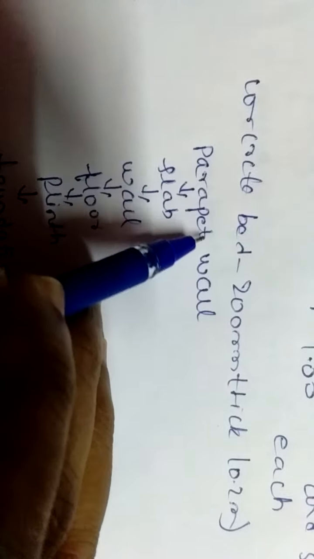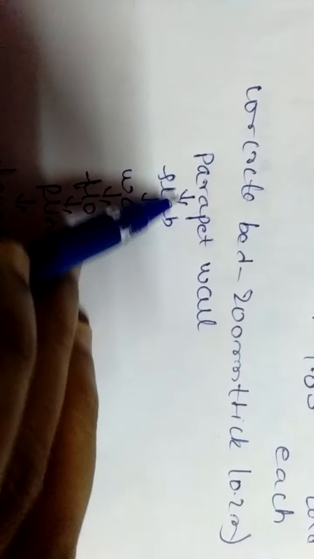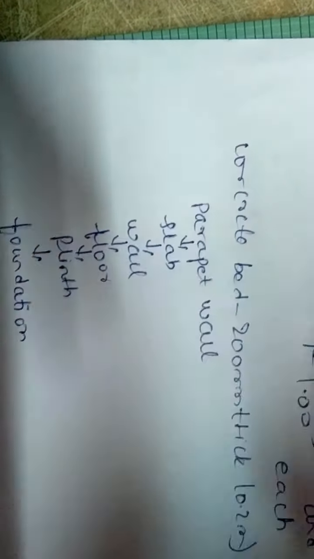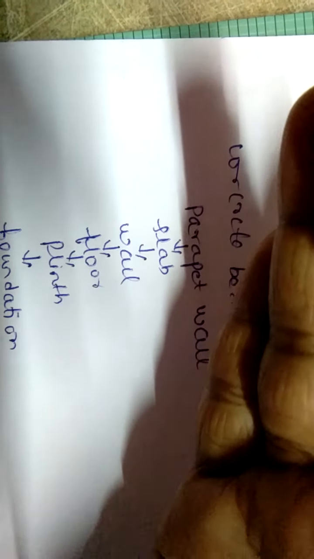What is the flow from the top to the bottom in the building? Parapet wall. Below the parapet wall there is the slab, or the terrace. Above the terrace there is the parapet wall. So we are coming from the top to the bottom. First the parapet wall is cut. Below the parapet wall there is the slab, and the slab is cut. Below the slab, to support the slab, there are walls.